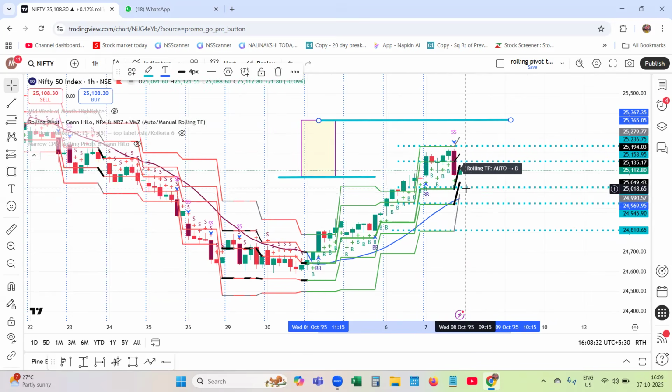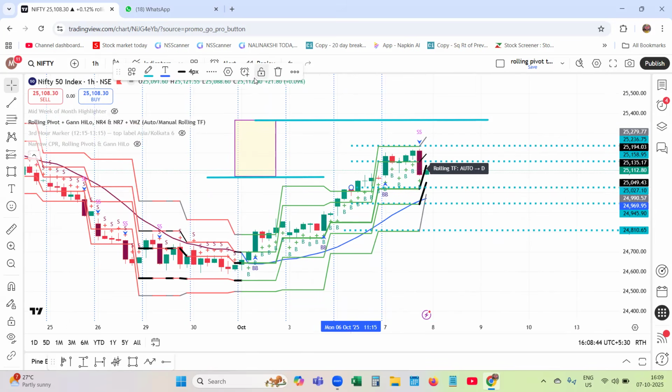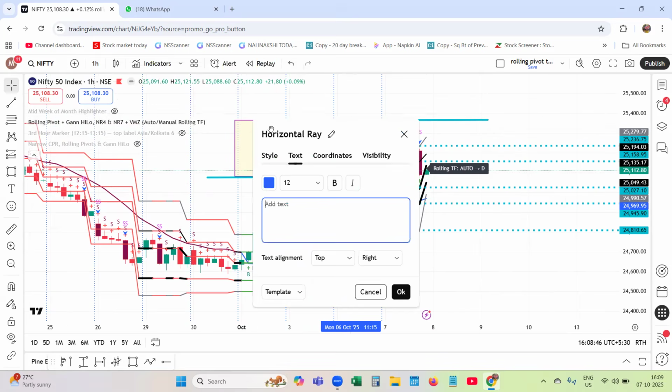It may hit this level, pivots and this level, and you can track this level, mark these levels. You can label it also. You can lock it, label it as hourly pivot. That's it.